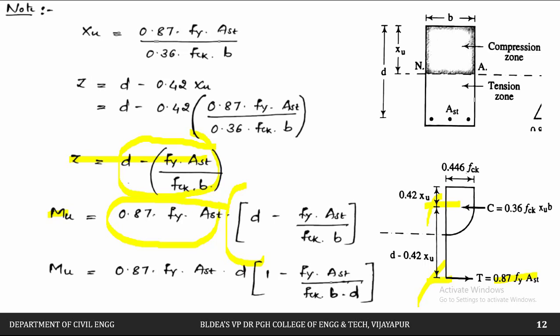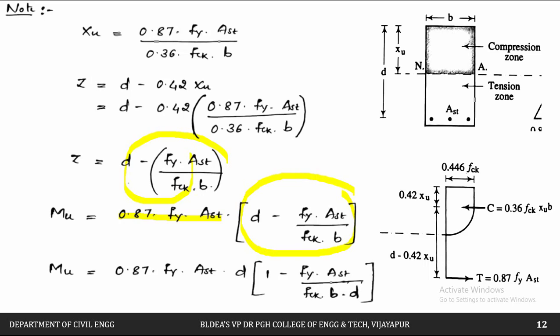So Z value is how much? This value, that is d minus of 0.5 fy into Ast divided by fck into B. So this value we will substitute instead of Z. Therefore this formula you are going to get, that is 0.87 fy into Ast. This is the Z value, we will substitute here, that is d minus of fy into Ast divided by fck into B. Further, if you simplify, I will take this d outside.